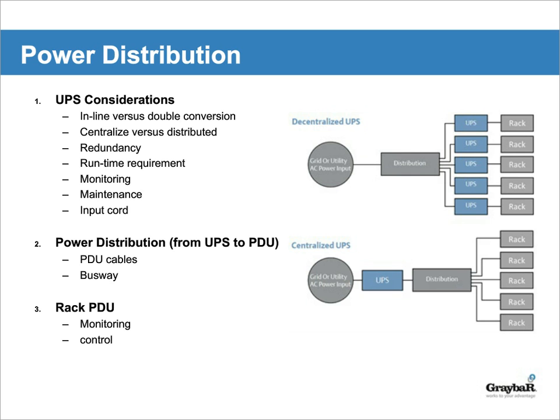Because in an edge location, if your IT equipment locks up, there's only one solution. You have to cycle the power, right? If you don't have a PDU that does that, you're going to have to drive to that location, or you're going to have to call someone who's going to charge you $100 to go there and unplug that IT equipment from the wall and plug it back in. Okay, so that is one important thing to consider.